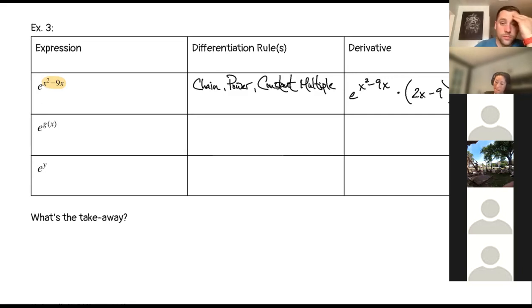All right. Let's take a look at e to the g of x. I think we can keep that chain rule. Ooh, we didn't write down exponential and our exponential. But how would we represent the derivative of e to the g of x?